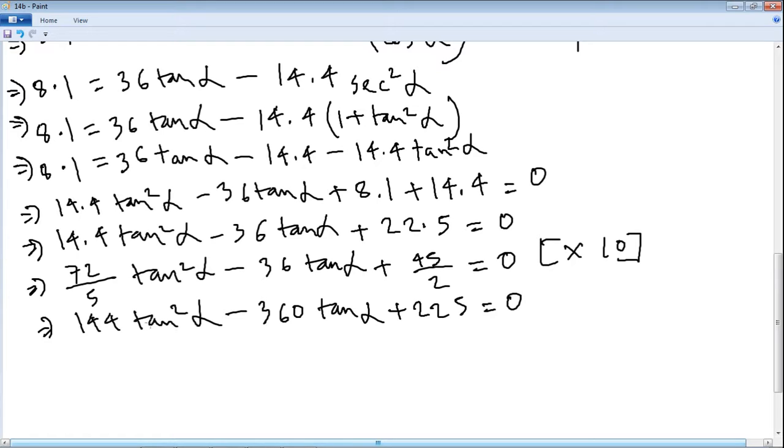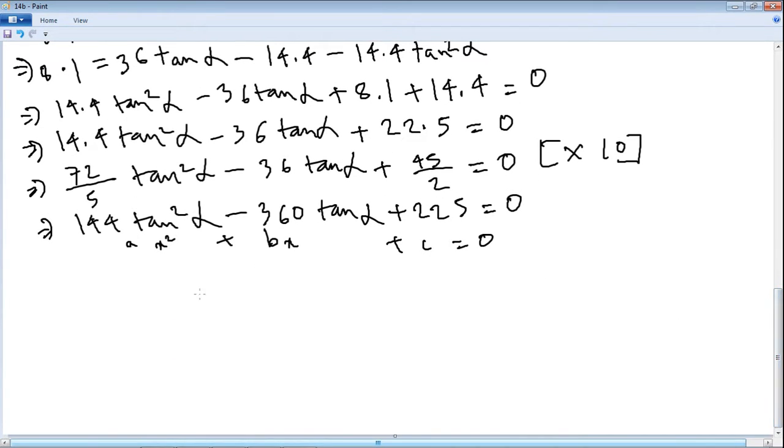Now we can easily find tan alpha by solving this quadratic equation. So here it is identical to the ax square plus bx plus c equals 0 equation.